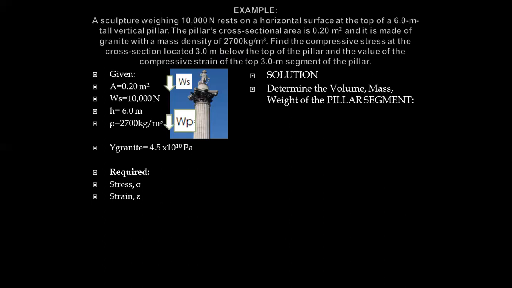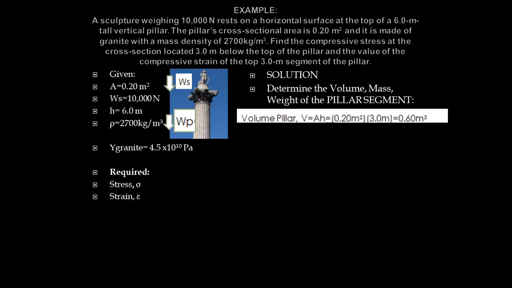The first step is to determine the volume, mass, and weight of the pillar segment. The volume of the pillar is equal to the cross-sectional area multiplied by the height. We're not going to use the height at 6 meters. The problem states that the analysis will be taken 3 meters below the top of the pillar, so we're going to consider the height at 3 meters.